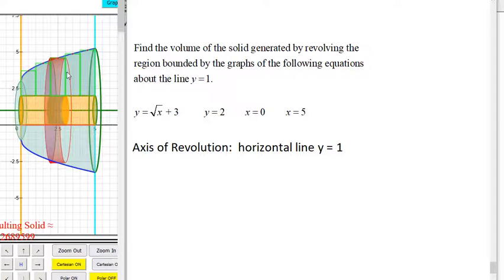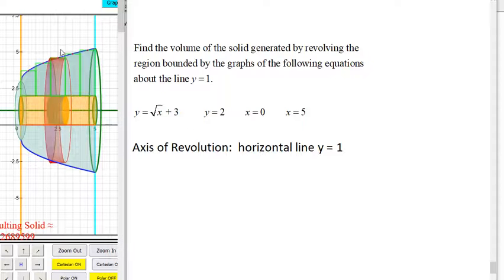This disk, which corresponds to this rectangle, has a hole in the middle. So what we want to do is get the volume without the hole. We're going to find the volume of the entire solid, then find the volume of the hole, and subtract the volume of the hole from the volume of the entire solid.